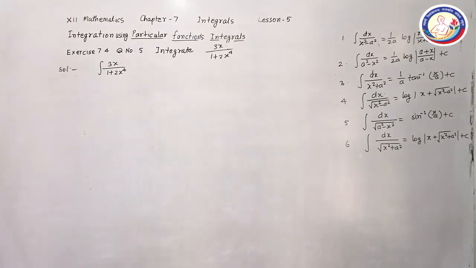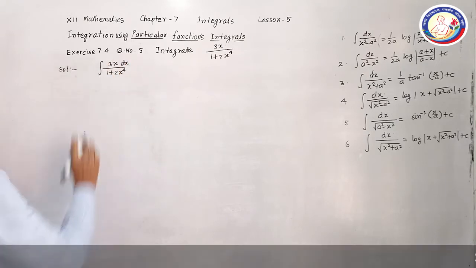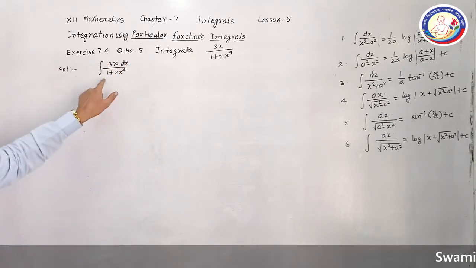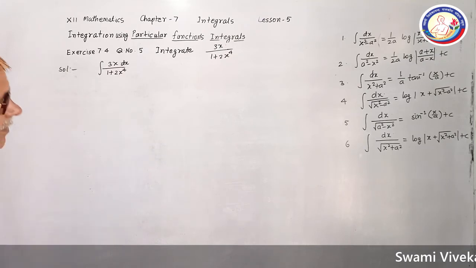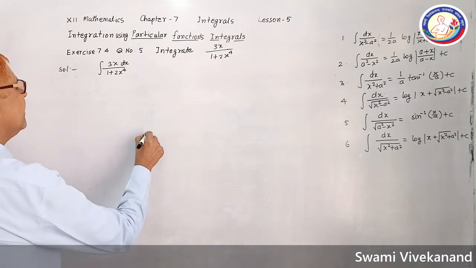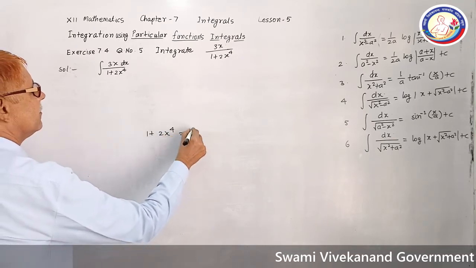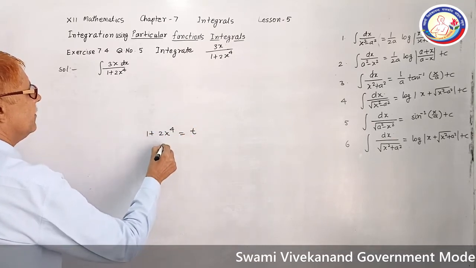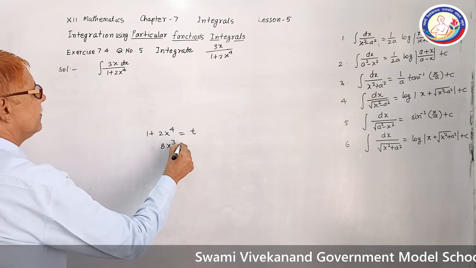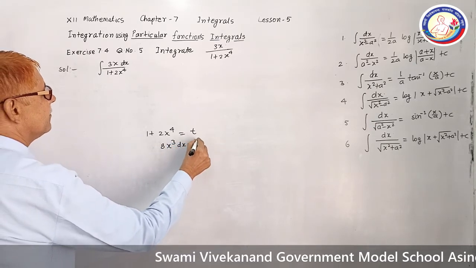Now question number 5. Integrate this with respect to x. Here we have 1 plus 2x raised to power 4 in the denominator. Let this be equal to t. Differentiate this. It is 8x cube dx equal to dt.